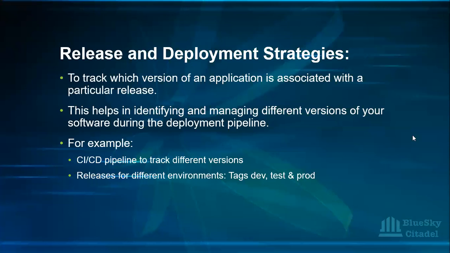So you might then add a tag like dev for short, test or prod. So that will then mark the release according to the target environment. So then it helps you to work on the right application on the right version, at the different stages of your pipeline. So that's it in a nutshell in terms of some of the key things.